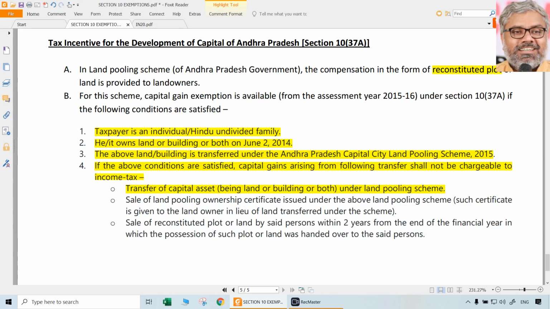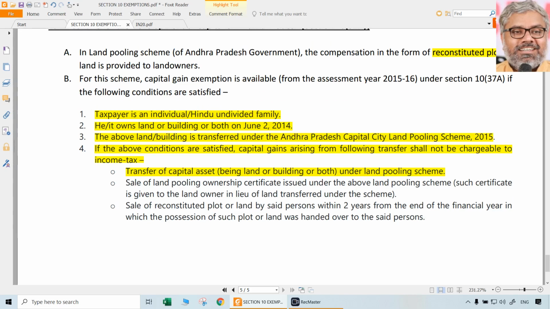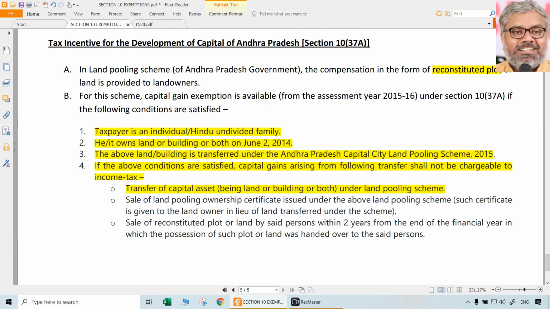They transferred with their will, and it was not something from which they wanted to get capital gains immediately. From the political point of view, when the transfers and land pooling happened, those people didn't understand whether it is important to have it under section 47 or under section 10(37A).